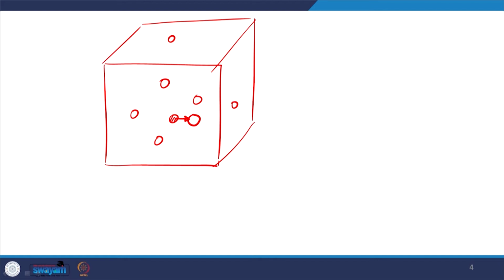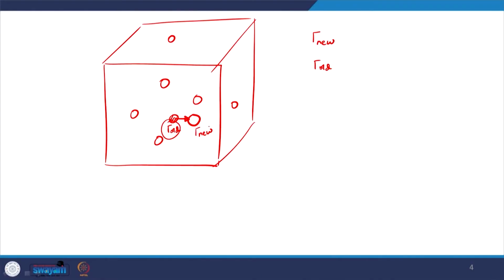So there are two states: a new state where this particular particle has moved, and an old state where this particular particle is here. By the way, the state is a representation of the coordinates of all the particles in the system, right? So even though I am labeling this as gamma old and gamma new, this refers to all the coordinates of all the particles in the system.